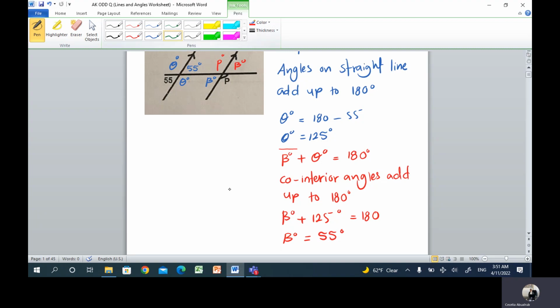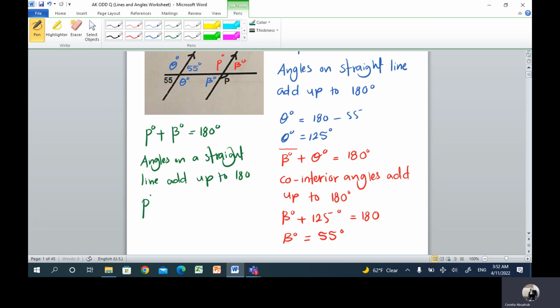At last, you're going to say P is your unknown plus beta is equal to 180 degrees. And the reason, angles on a straight line add up to 180 degrees.